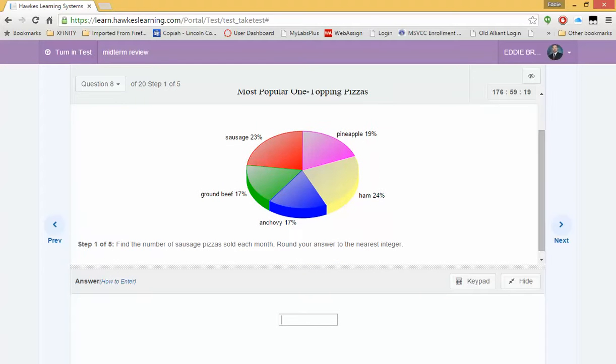Find the number of sausage pizzas sold each month. Round your answer to the nearest integer. Okay, so look for the piece of the pie chart for sausage. Alright, so here's the sausage right here.